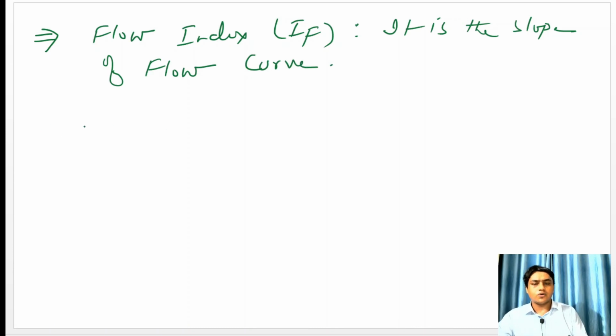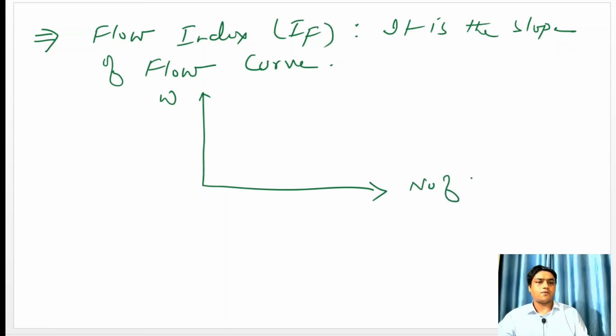So if I draw the flow curve, this is water content, this is number of blows, log scale, this is the flow curve. So slope of flow curve.